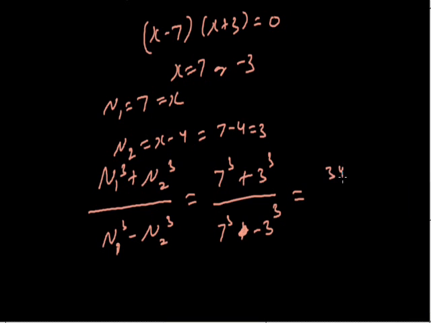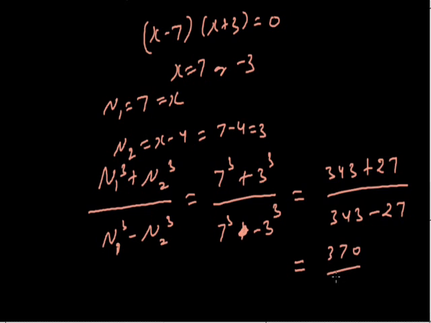7 cube is 343 and 3 cube is 27, so 7 cube is 343 minus 27. 343 plus 27 gives you 370 and 343 minus 27 gives you 316, which is equal to 185 by 150.